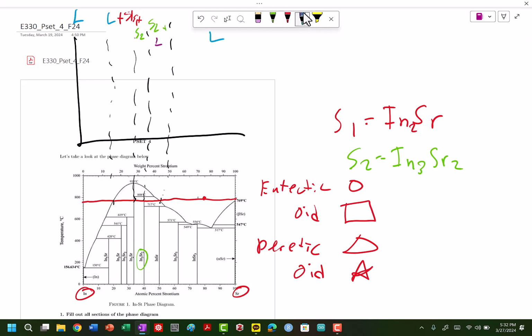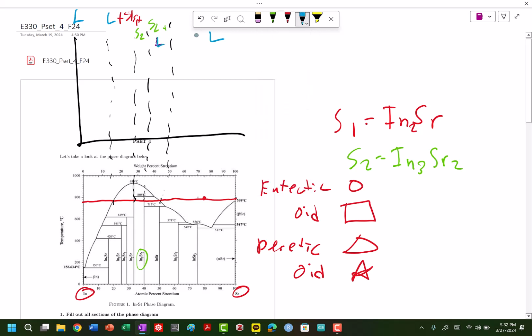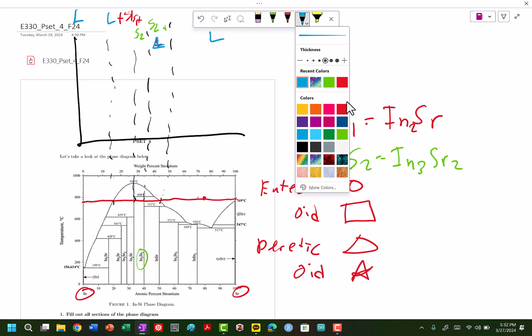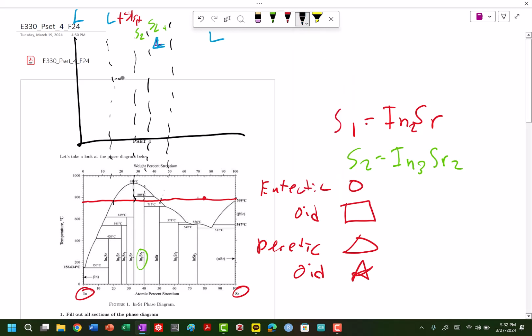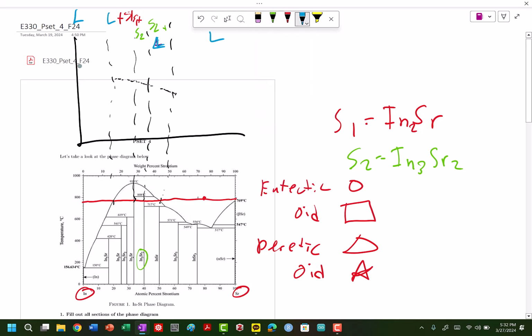So, oops, what's happening here? I do really like that color. It's not my color here. So, in between, I need to have these common tangent points. So I'm going to go black to black. I have a common tangent in this region, a common tangent in this region, and a common tangent in this region here. So when I draw my curves, I need to have this be the lowest. It touches here, this common tangent.